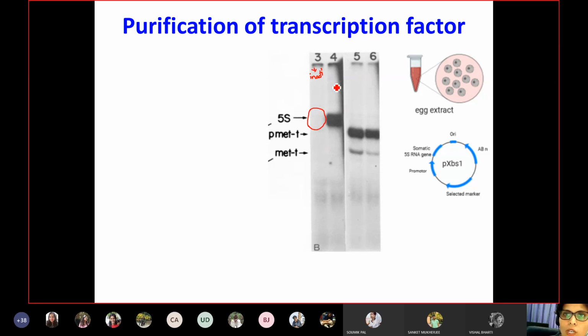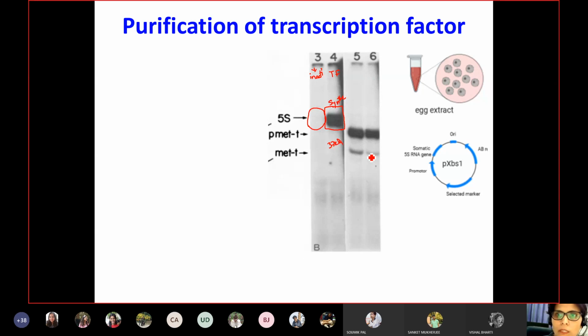Whereas when a small amount of transcription factor was added, then you see nice, specific 5S RNA synthesis. This is done in the presence of a small amount of the transcription factor, that 37 kilodalton protein they had purified.